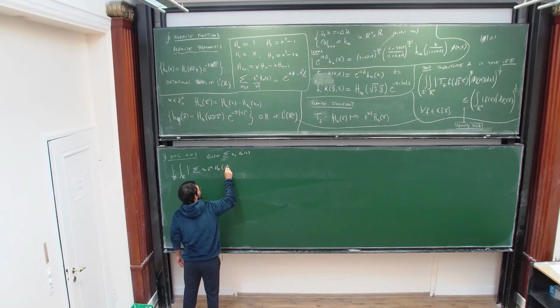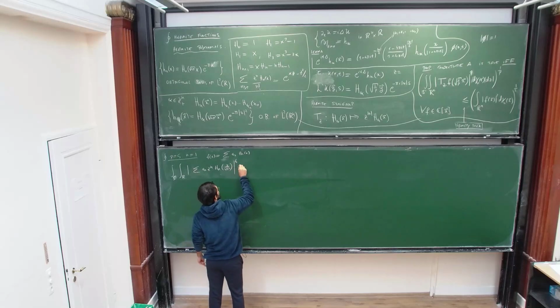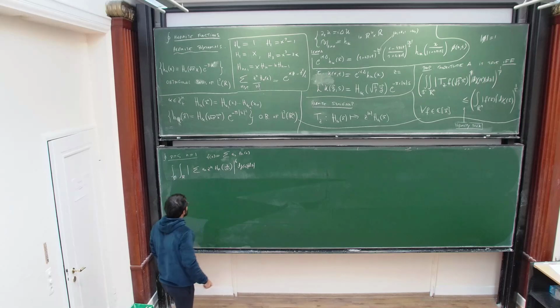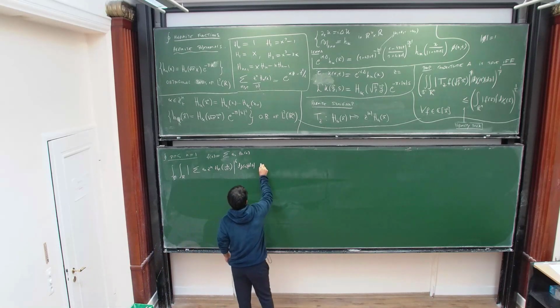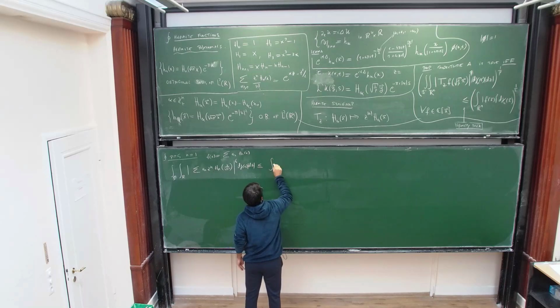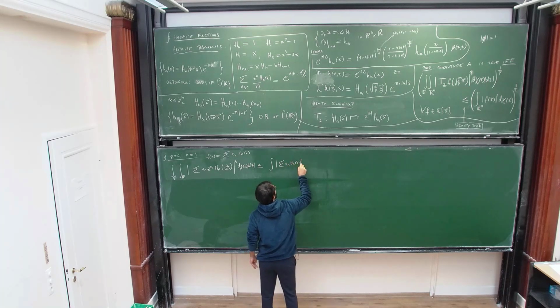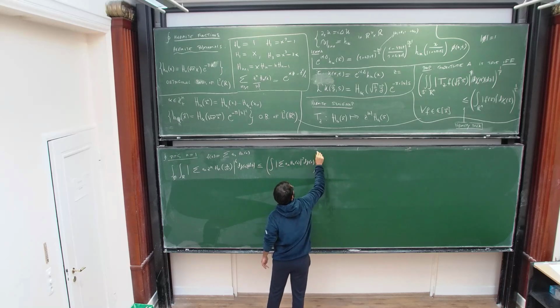Here it would be just root 3 to the 6 gamma x dz. Okay, and then you want to show that this is less or equal than the integral of the cube.